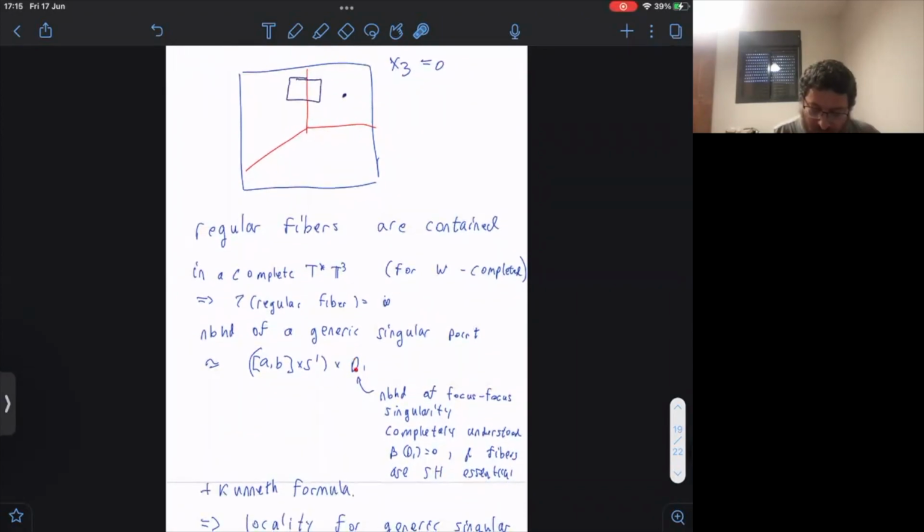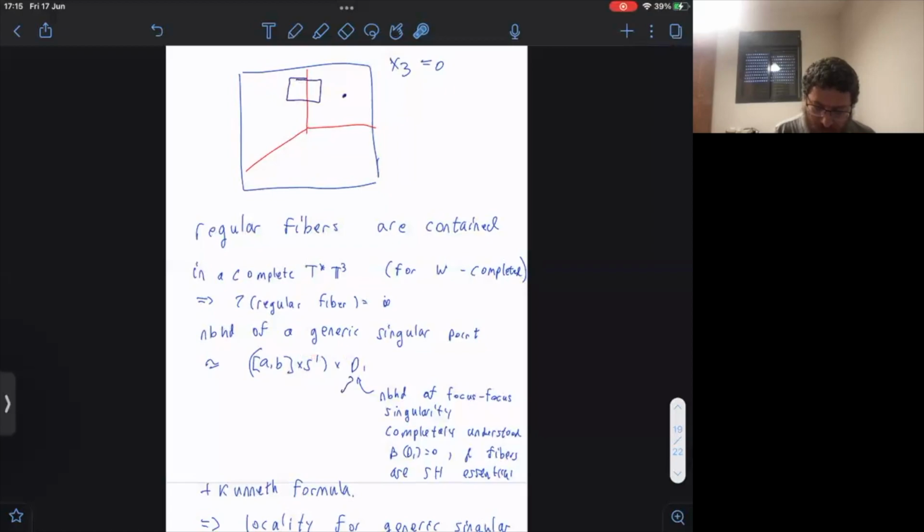And for this, everything is well understood. For example, first of all, we know this boundary depth condition: it has boundary depth 0. And we also know that the restriction from D1 to a neighborhood of a fiber is injective. So the fibers are SH essential.